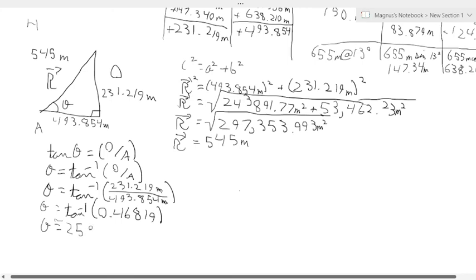So, to put it all together, the resultant, or the dog's displacement, is equal to 545 meters at 25 degrees.